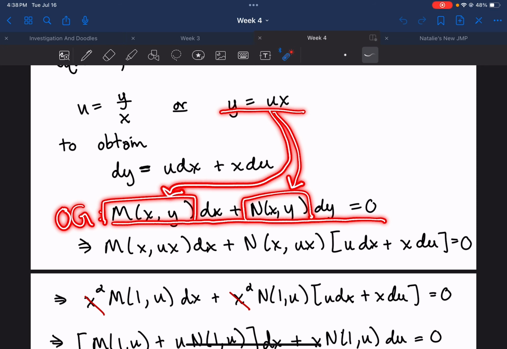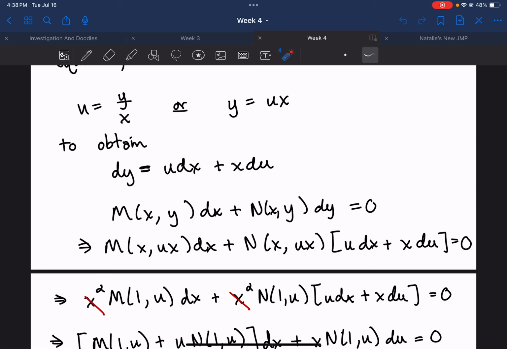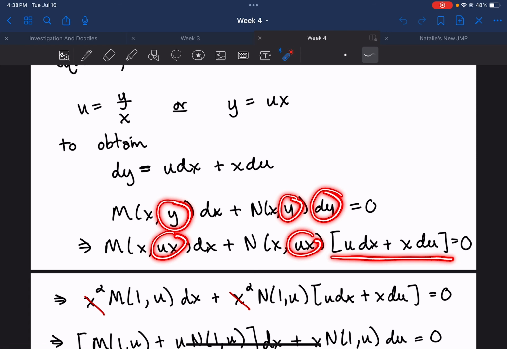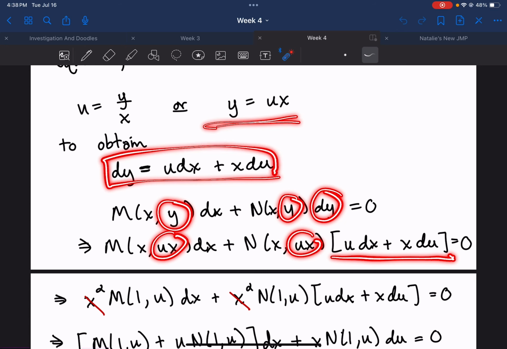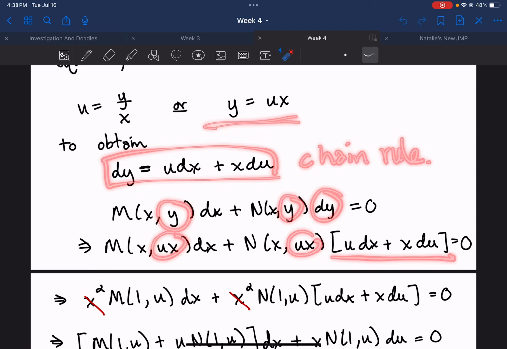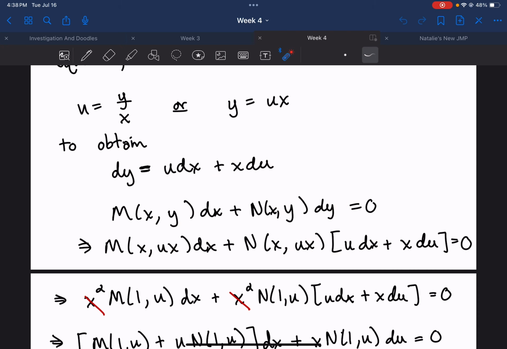We also have to make the substitution dy equals u dx plus x du. So the y becomes ux, and the dy becomes u dx plus x du. And this comes from the product rule, I should say, not the chain rule.